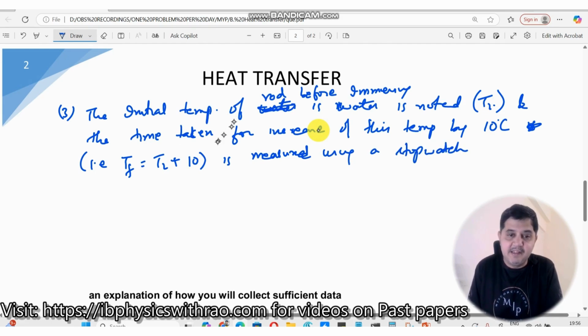The initial temperature of the rod before immersing is noted using a thermometer. What kind of thermometer you have to mention?